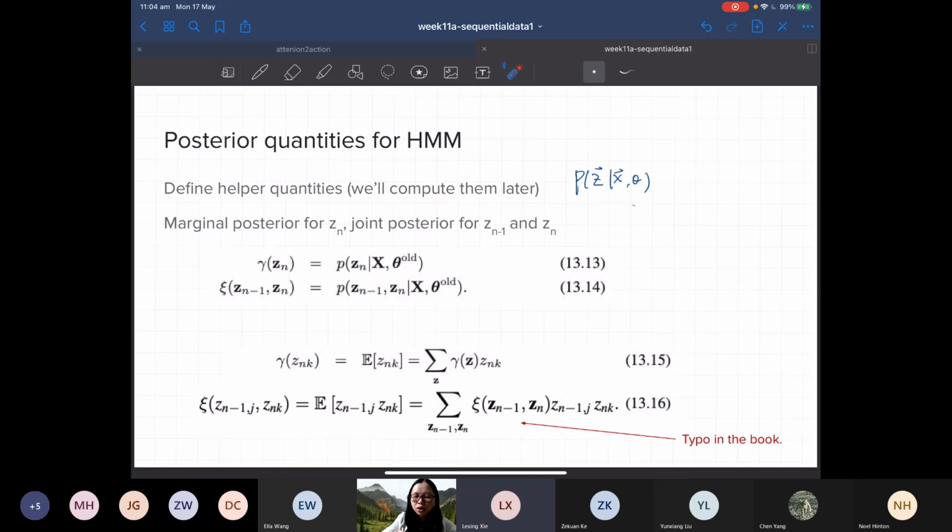We also assume we can compute the joint posterior, basically the joint between two adjacent states, given the entire sequence X and the current parameters. As you can see, this is related to the transitions directly. And this one is directly related to the emissions and other things. And the initial probability if n is 1, right?